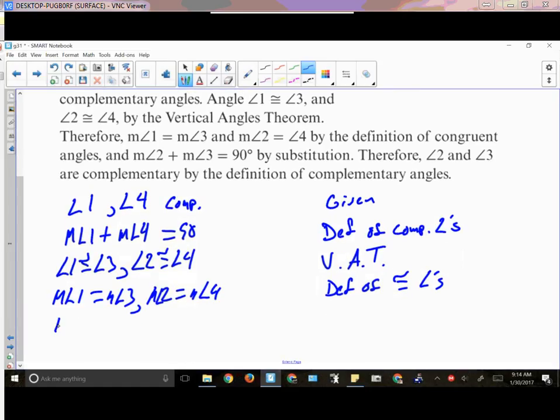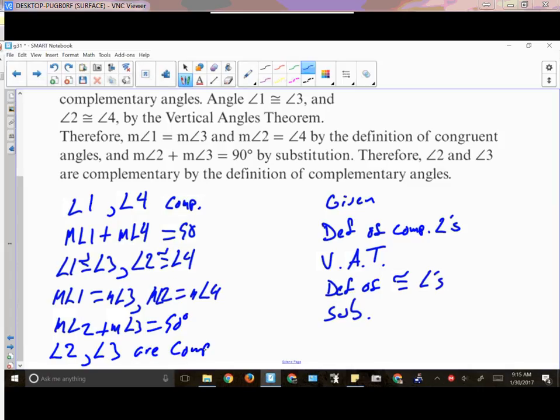And we get the measure of angle 2 plus the measure of angle 3 is equal to 90 degrees. We get a substitution. Therefore, it says angle 2, angle 3 are complementary. Why? Definition of complementary angles.